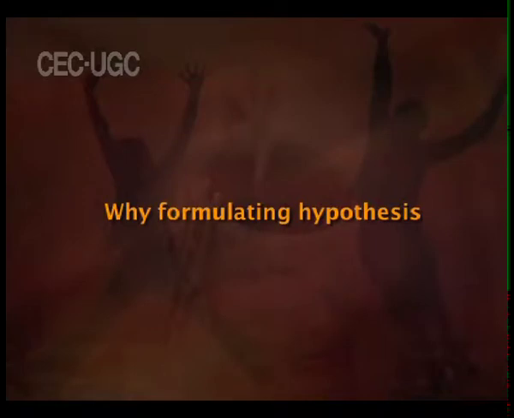Now there are certain things to be kept in mind while formulating a hypothesis. The first point is that a hypothesis should be conceptually clear. When you read a hypothesis as an experimenter or others read your hypothesis as subjects or as other observers, we should have a clear understanding of what kind of relationship is being proposed between the independent variable or variables and the dependent variable or variables.